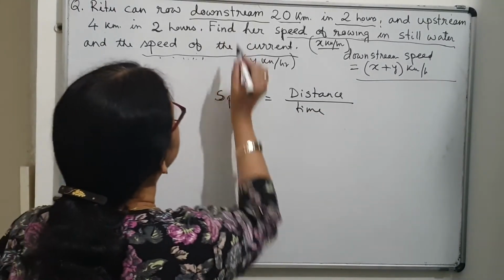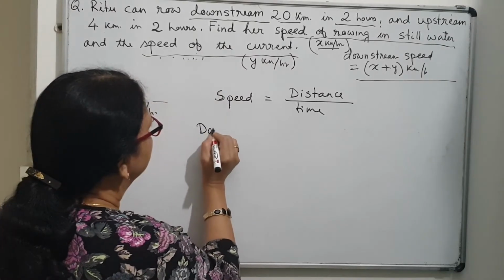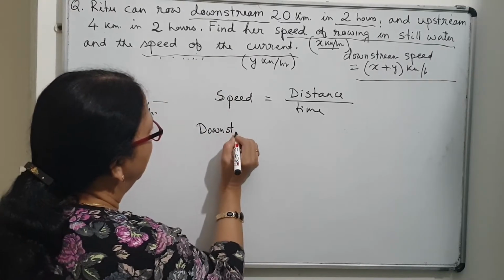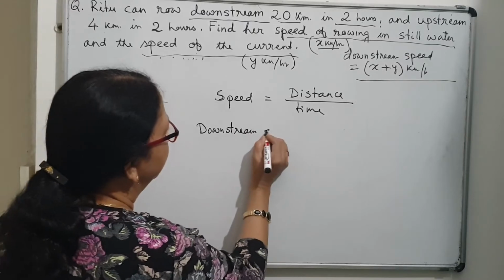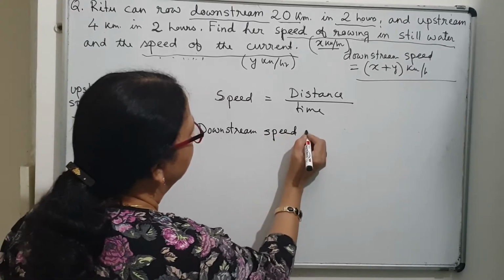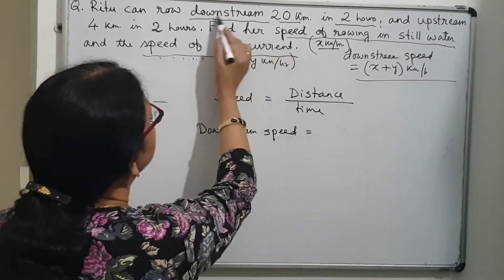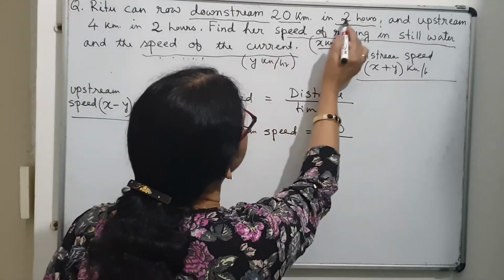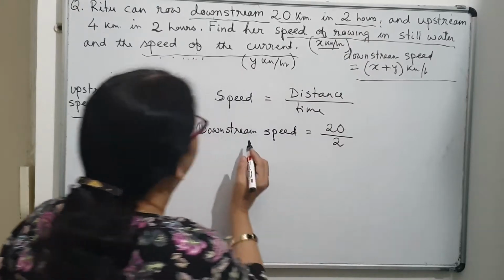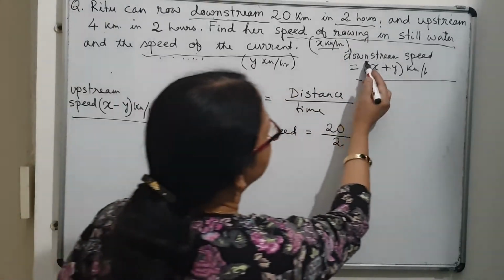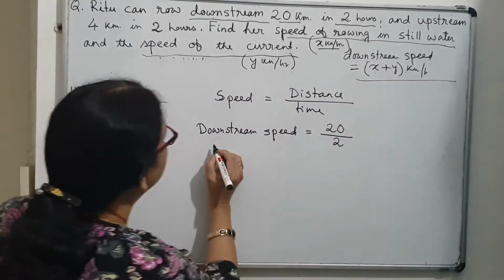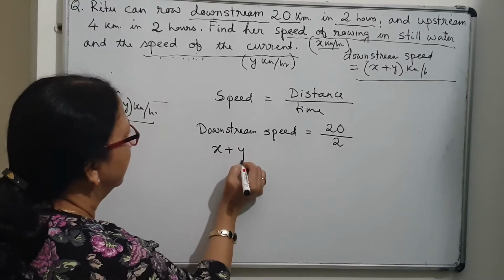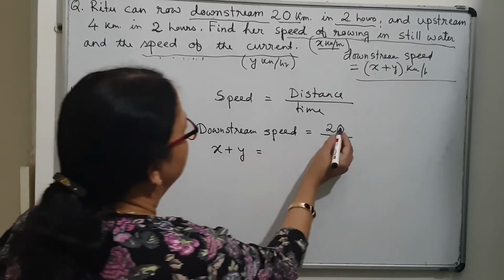So for downstream speed we can write: distance moved downstream is 20 kilometer and time taken to move 20 kilometers is 2 hours, so 2. And according to our basic definition, downstream speed will be x plus y, and it will be 10.